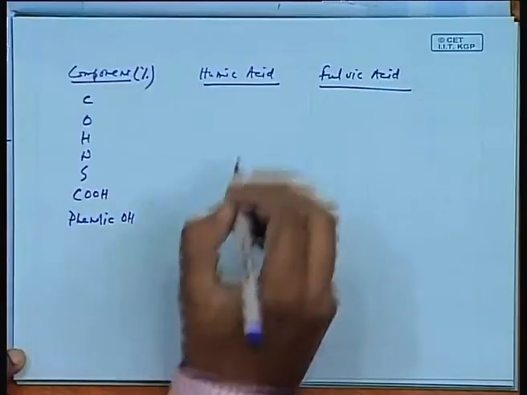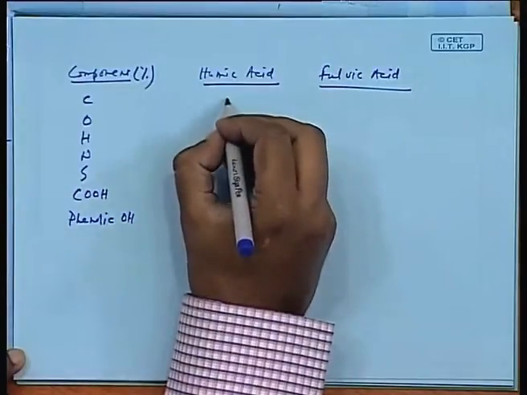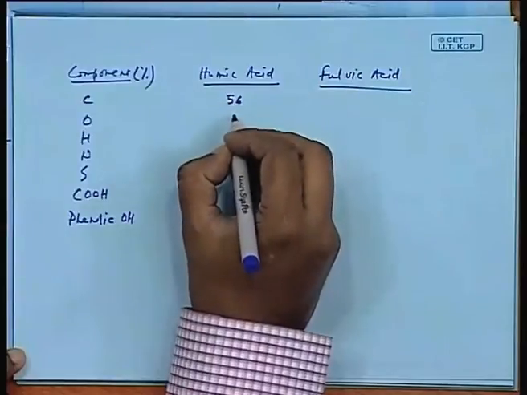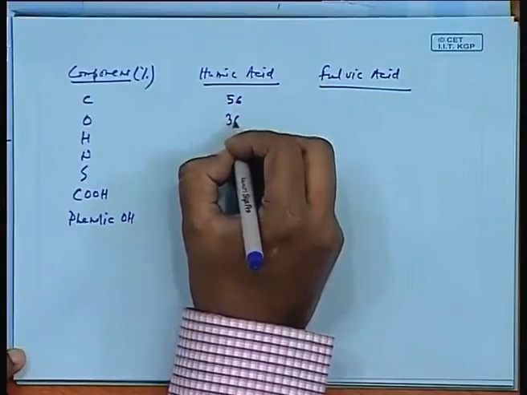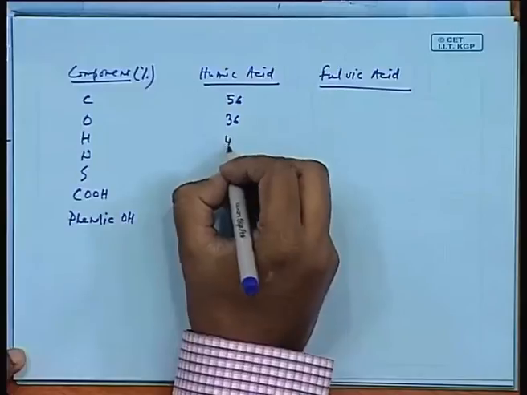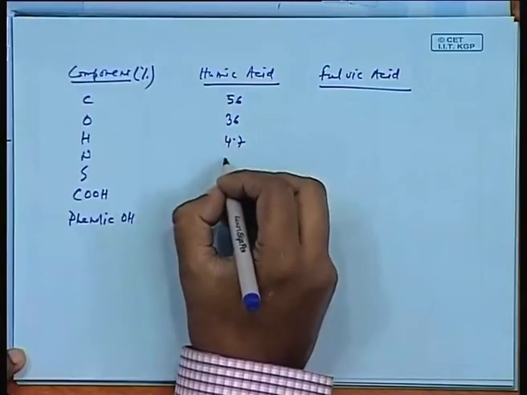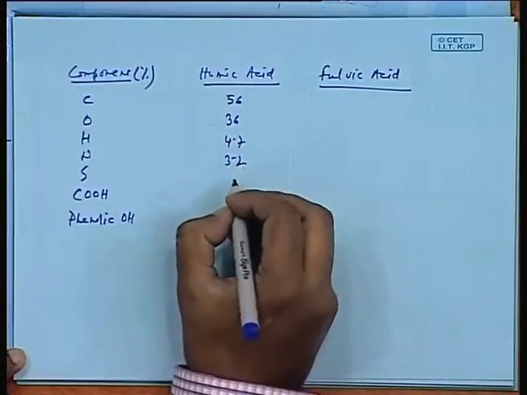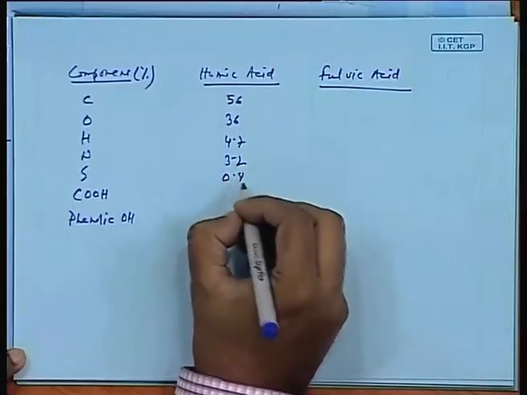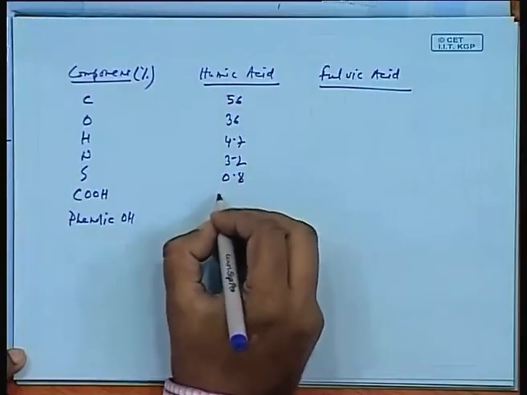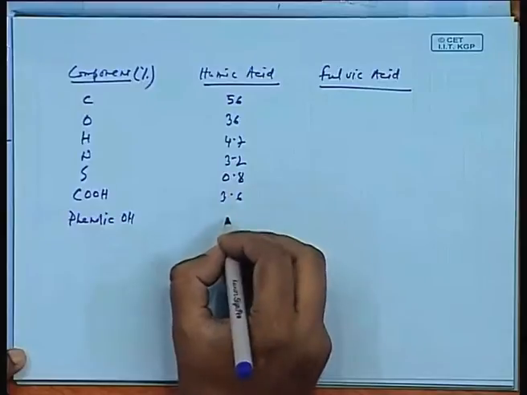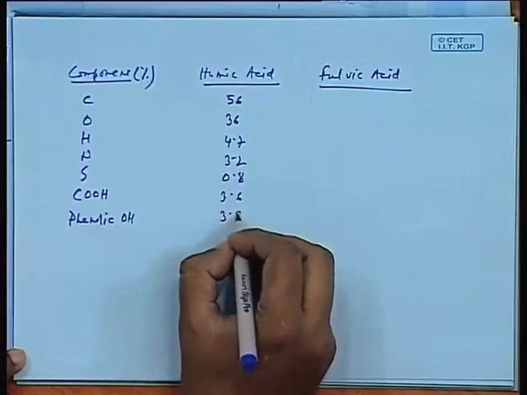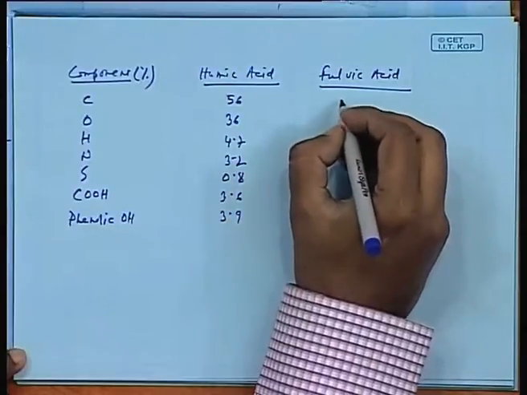So in humic acid, this is 56, 36, 4.7, 3.2, 0.8, 3.6 and 3.9, whereas this one is fulvic acid.